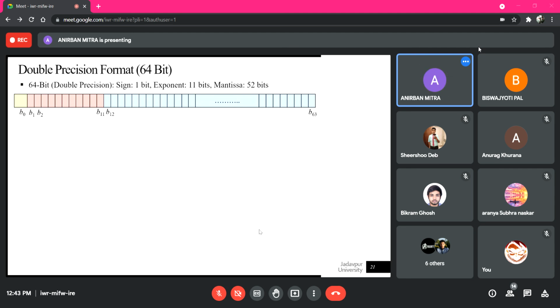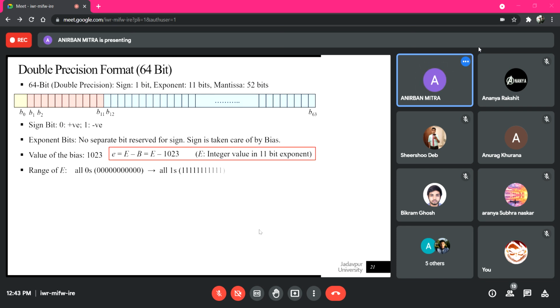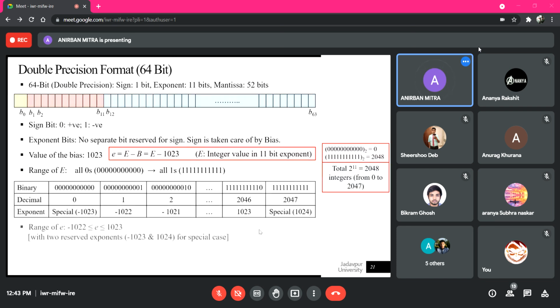Now we come to the double precision format. As I said, here 64 bits are reserved for the representation with 1 sign bit, 11 exponent bits, and 52 bits for the mantissa. The bias value here is 1023.